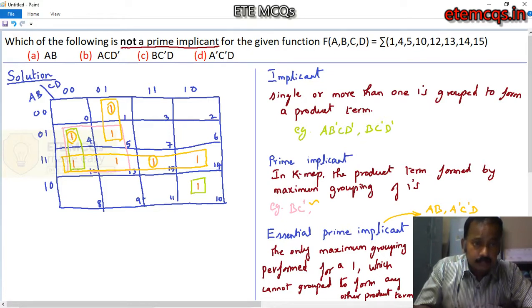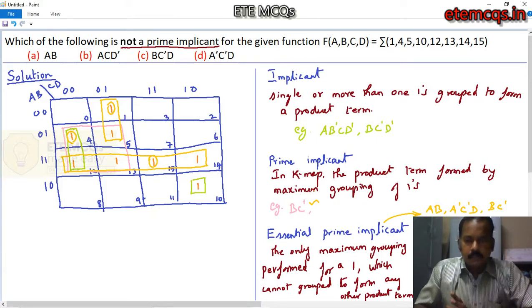So it is both a prime implicant as well as essential prime implicant. So BC dash is also an essential prime implicant.